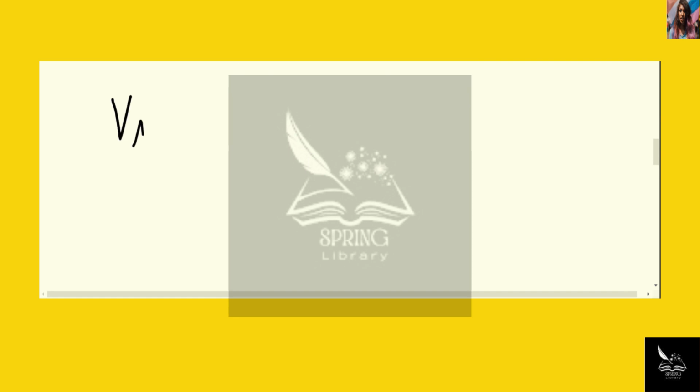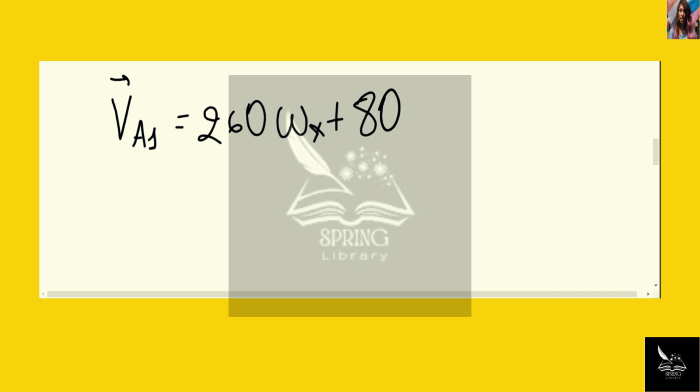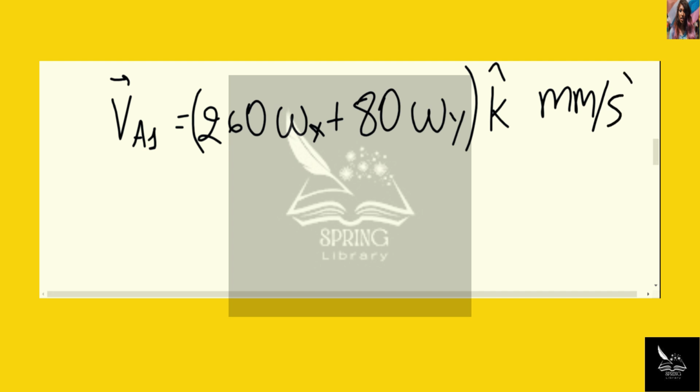Given these values, the linear velocity of point 1 at the rim of gear A involves 260 times the x component of the common angular velocity and 80 times omega y, in millimeters per second, and I did this using a determinant. It's more convenient.